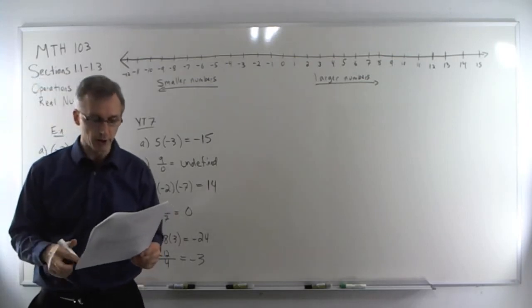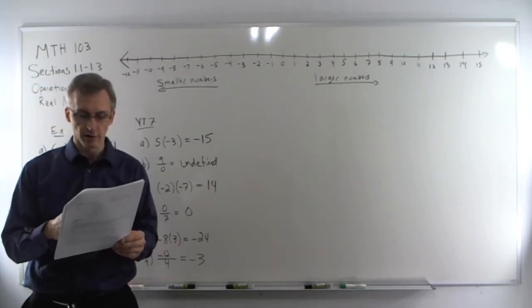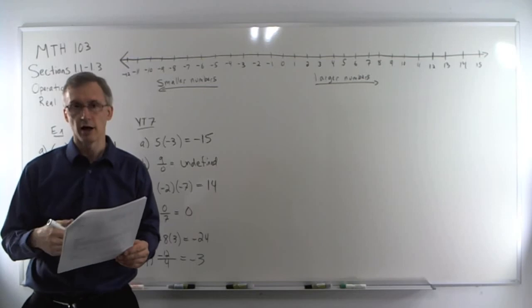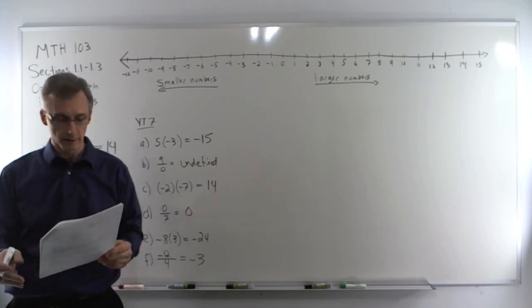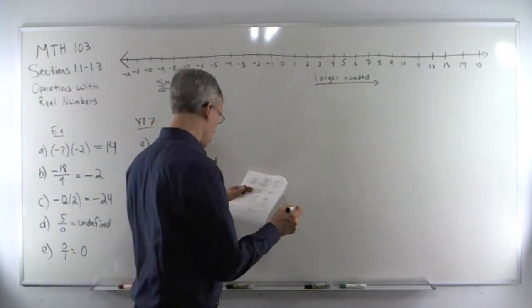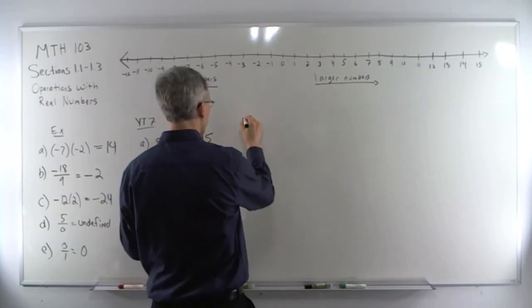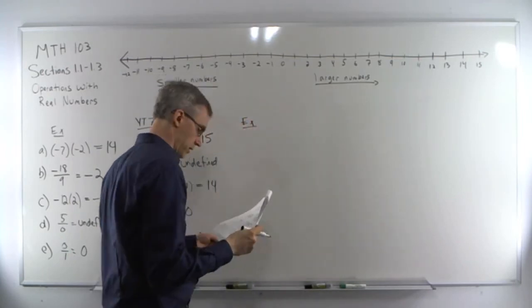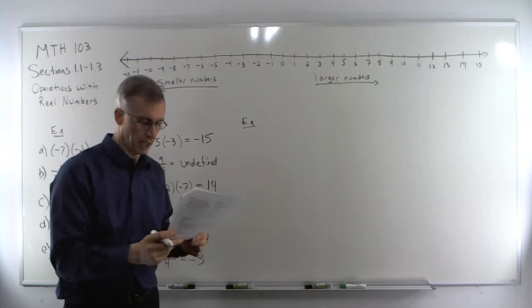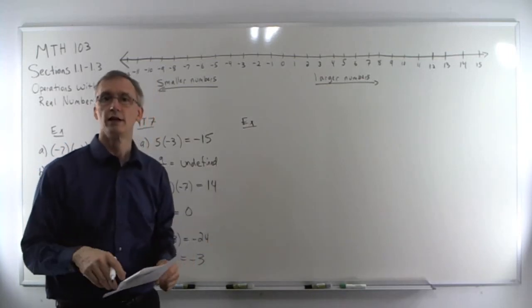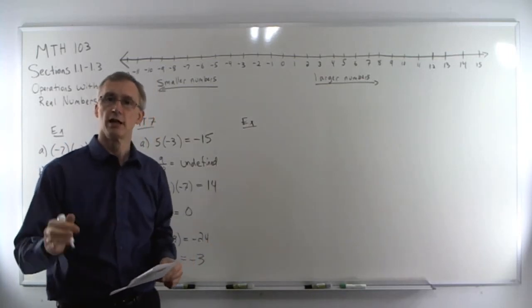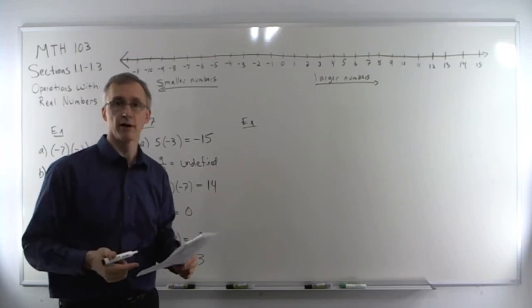And so what we're going to do now is translate certain phrases into a mathematical expression and then evaluate it. So for example, I want to find the difference between -7 and -18. And when you do the difference, that subtraction, keep the numbers in the same order as they appear in the sentence.